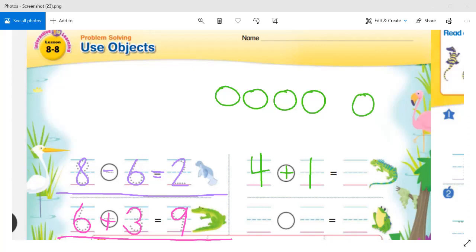One more iguana joins them. So how many are in the tree now? 1, 2, 3, 4, 5. So this is an addition sentence. 4 plus 1 equals 5.